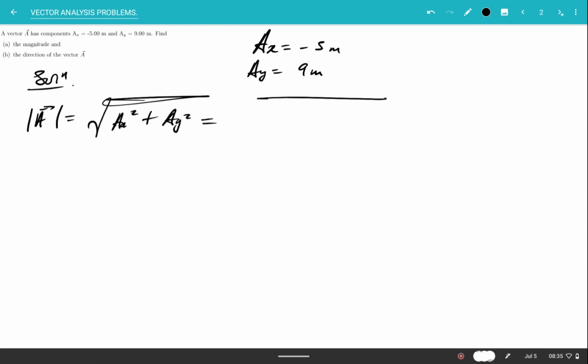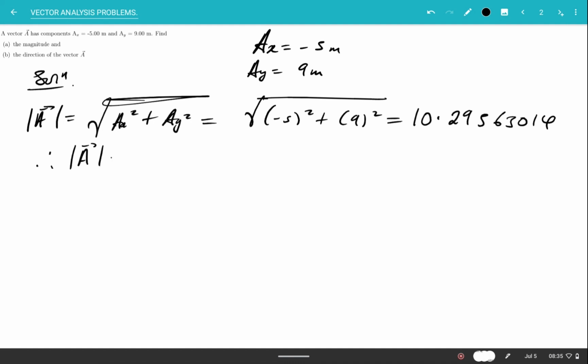This is the same as the root of minus 5 squared plus 9 squared. And if you want, you can just compute everything in advance, say 5 squared plus 9 squared, get that answer, which is going to be 106, and just root it. And you basically get 10.295630114. Therefore, rounding this off, we get the magnitude of 10.30 meters.